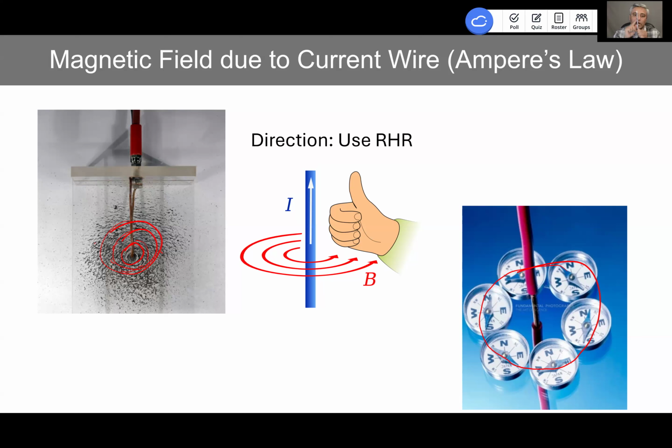Let's suppose this is the wire, and current is going up. You want to put your thumb lining up with the current and then grab that wire. Whatever direction your fingers are curling, that's the direction of the magnetic field developed by the current in the wire.